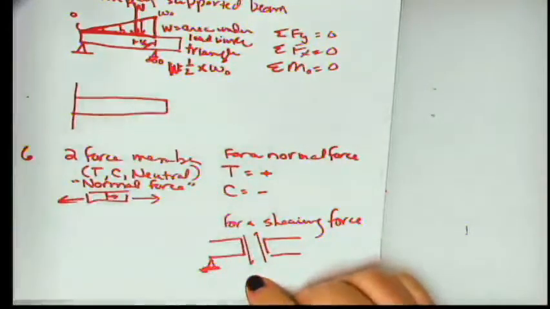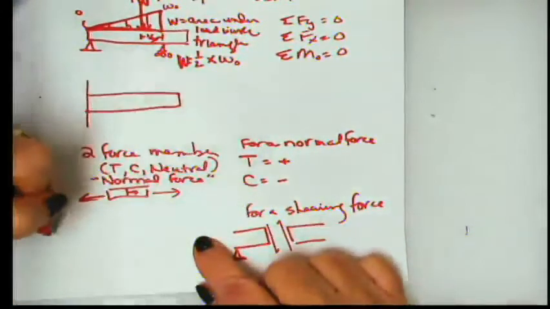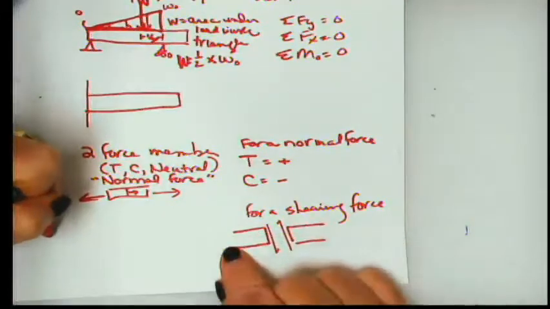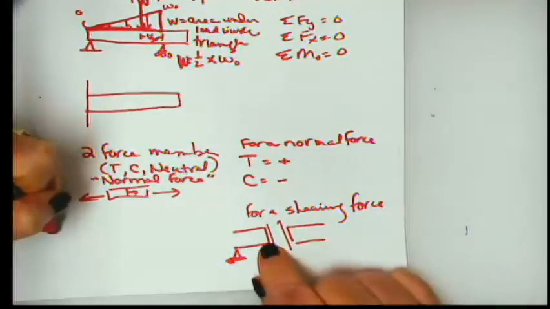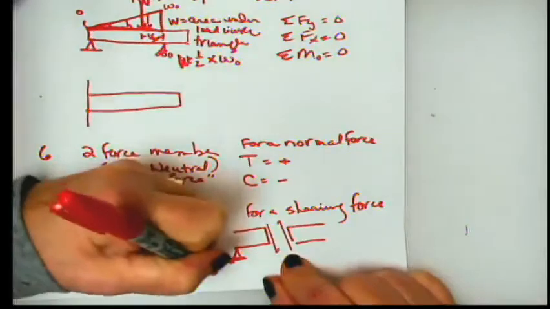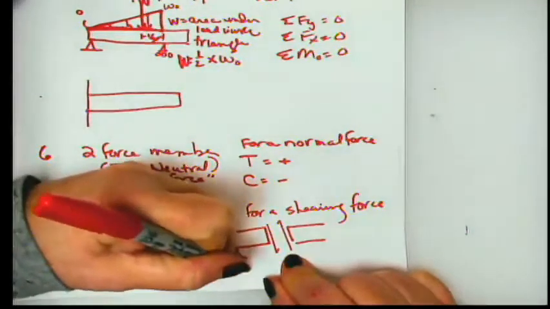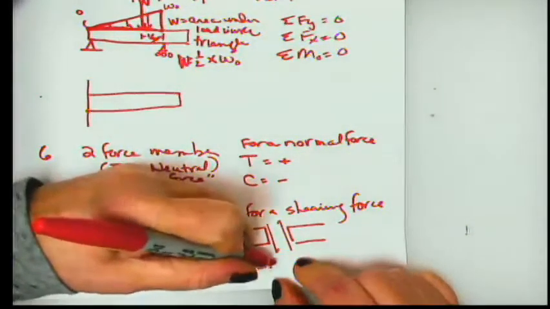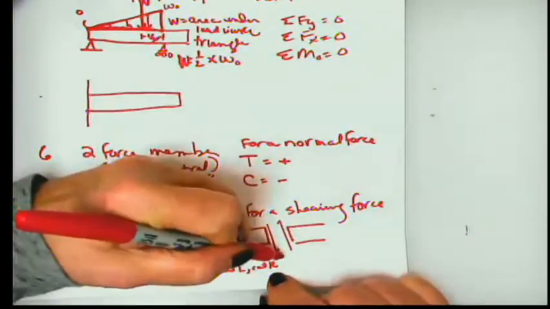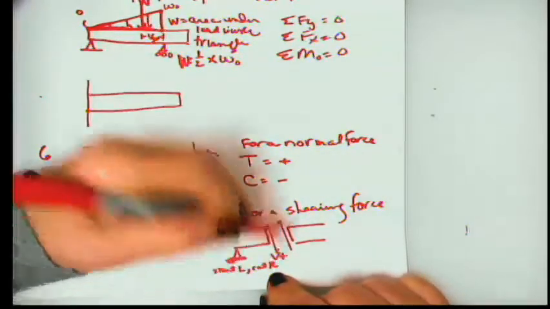And so the sign of whether it's positive or negative is really a convention. Okay? So for a shearing force, you can do either way. You can start on the left and cut on the right. Just start on left, cut right. V down is positive.